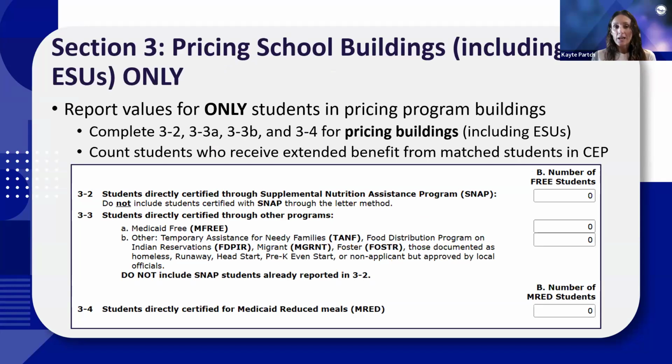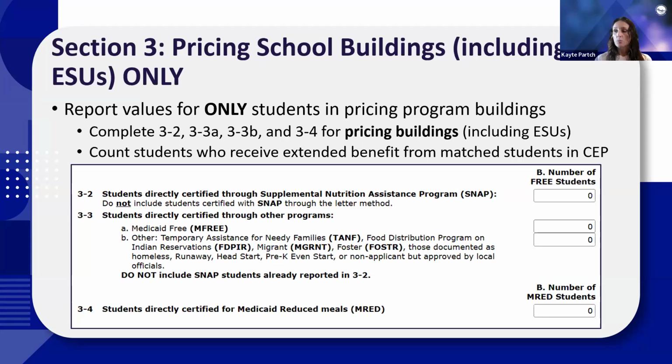Alternatively, for section 3, in buildings that do charge students for meals based on their individual eligibility, we call these pricing schools. That would also include ESUs. Only those need to report information in section 3 for questions 3-2, 3-3, and 3-4.